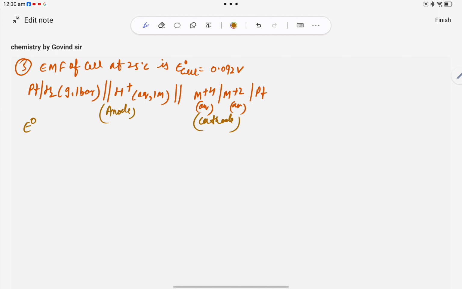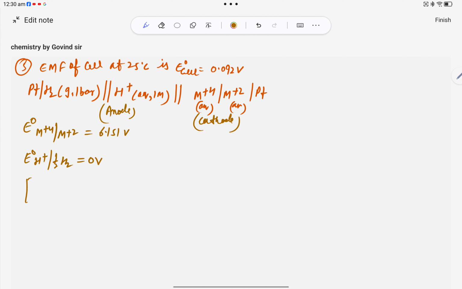E naught of M4+ to M2+ is equal to 0.151, and E naught of H plus to half H2 is 0, because for the hydrogen electrode its value is always 0.